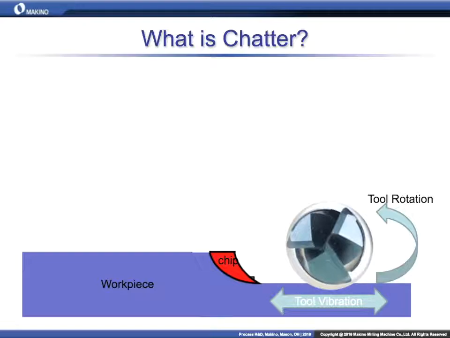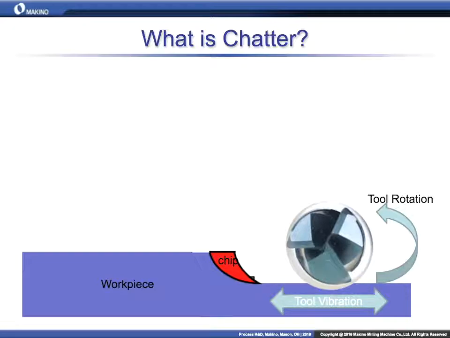So that chip is the idealized chip, right? If it was a rigid tool, almost circular tool path, you get a chip that looks like that. But what's actually happening is the tool is vibrating and the tool is rotating. It can vibrate in all directions, but let's simplify for this example.